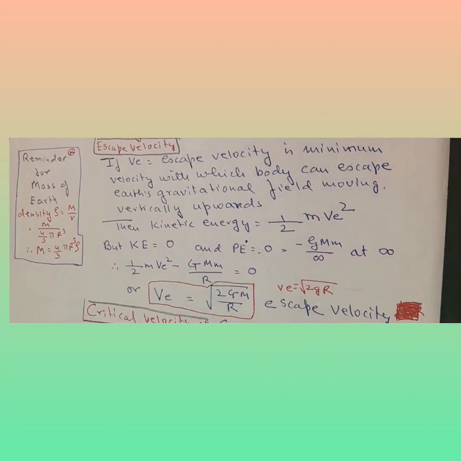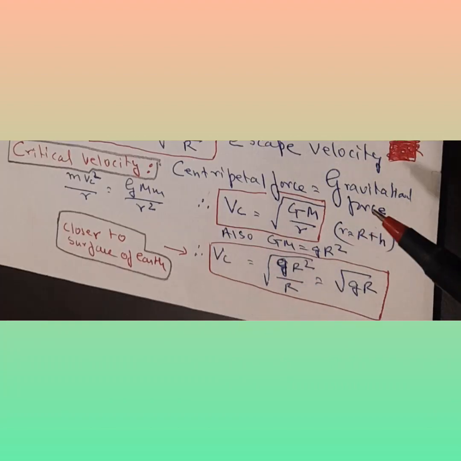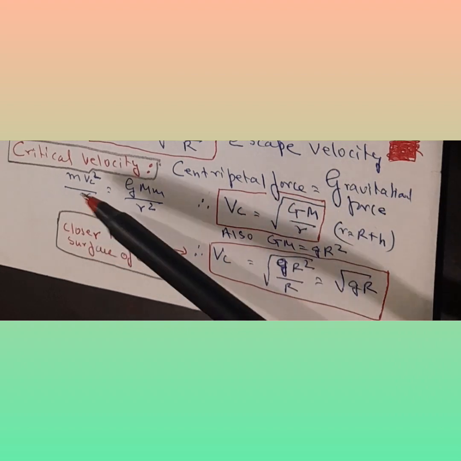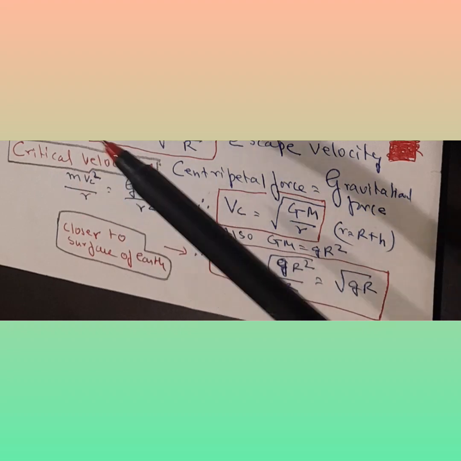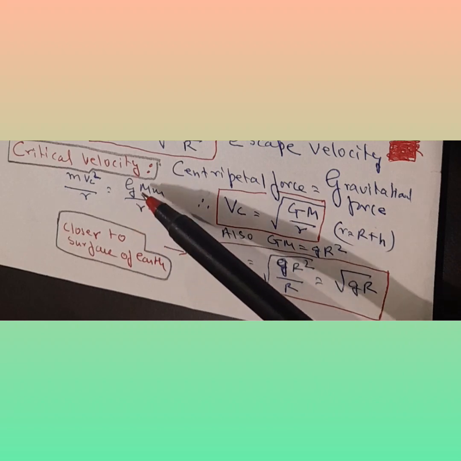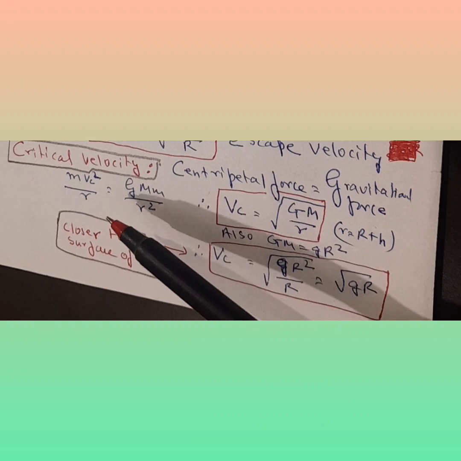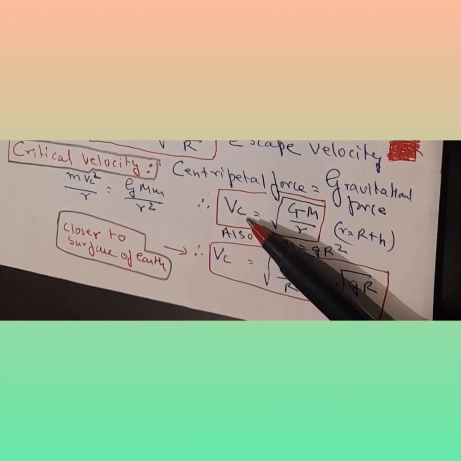Then when we come to critical velocity, it is the gravitational force which is providing the centripetal force. So we can write m Vc square upon r, which is FCP, that is centripetal force, is equal to gravitational force GMm upon r square. Now on calculation, we get Vc square is equal to GM upon r.